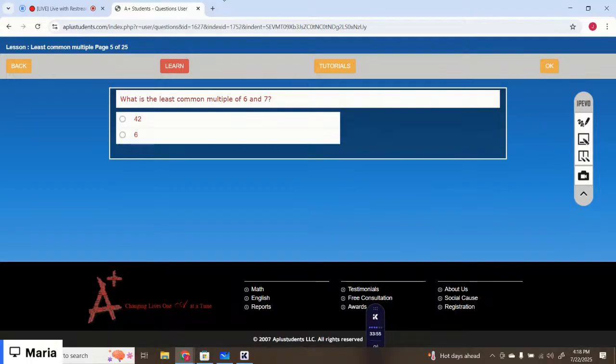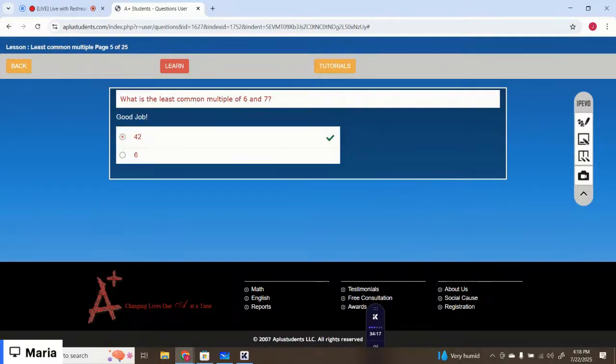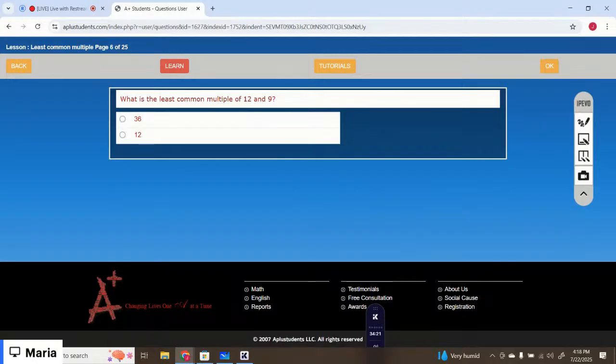What is the least common multiple of 6 and 7? So 7 times 6 is 42 because 7 is a prime number. Option number 1 is the correct option. What is the least common multiple of 12 and 9?